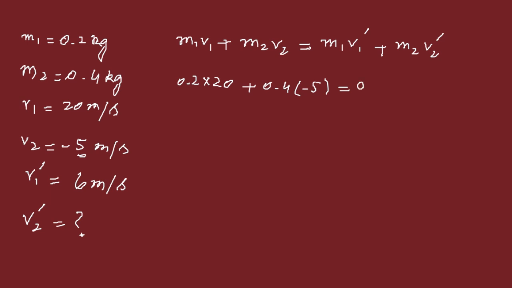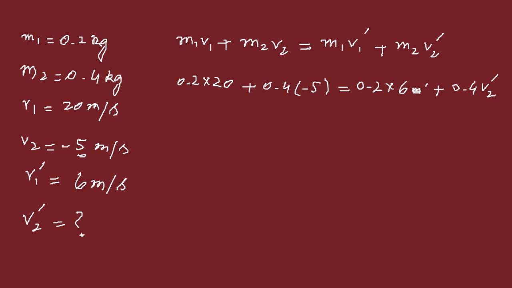That is, the mass of the first body will be 0.2, and after colliding the first body has a speed of 6 meter per second. I write here 6, and plus m2, that is the mass of the second body, it is 0.4, and the speed of the second body after collision we have to calculate. We will write it as v2 prime.